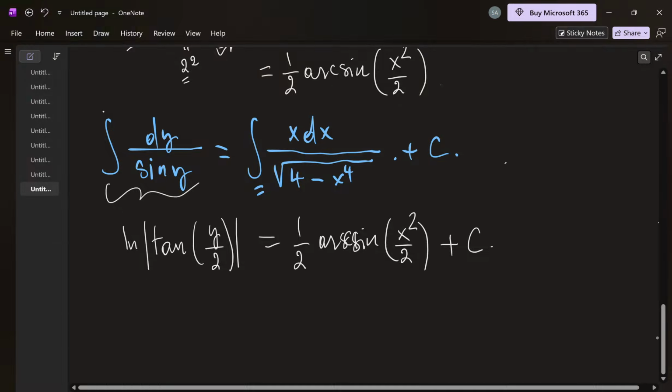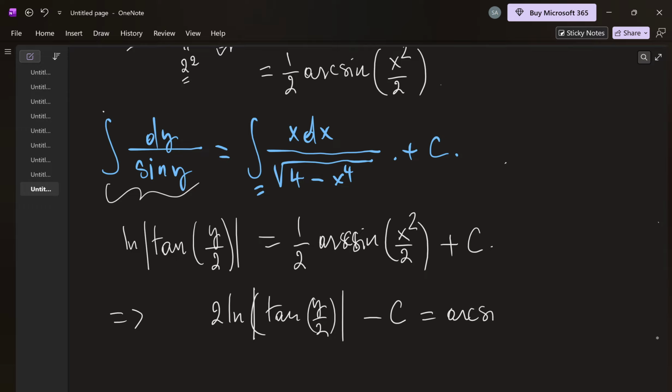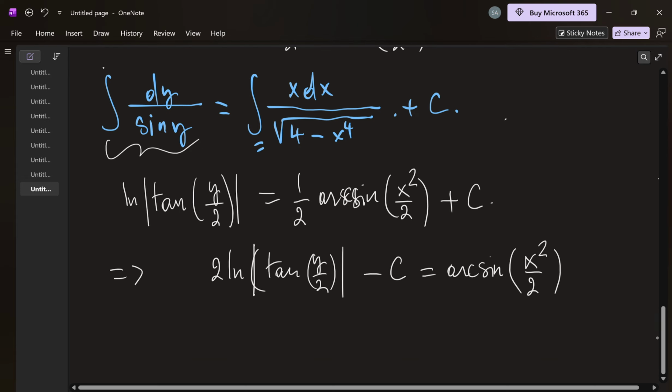Now you could multiply by 2, and so this is equal to 2 ln tangent u over 2 minus c equals arc sine x squared over 2.